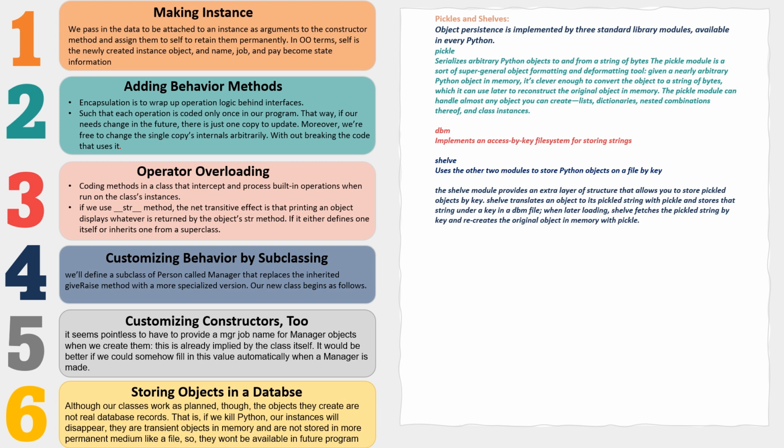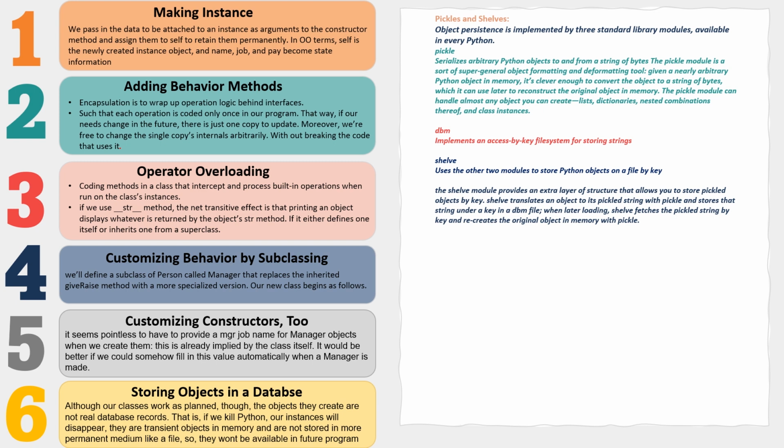Once it is done, then it will be taken by the shelve. Then the shelve comes into the picture. Shelve takes the converted strings and stores them using a key in a dbm file, using the database management dbm module.